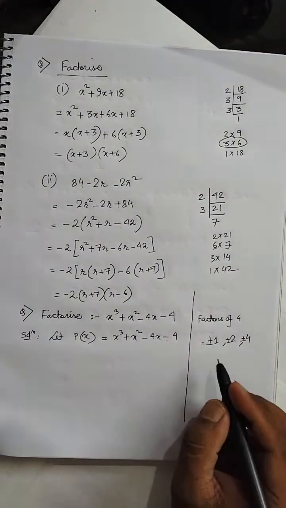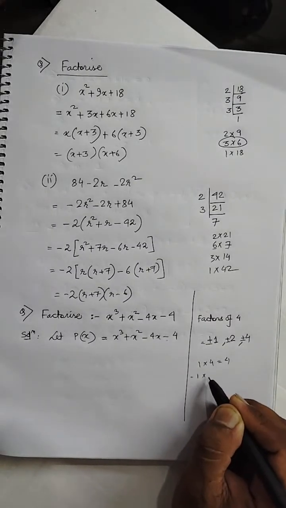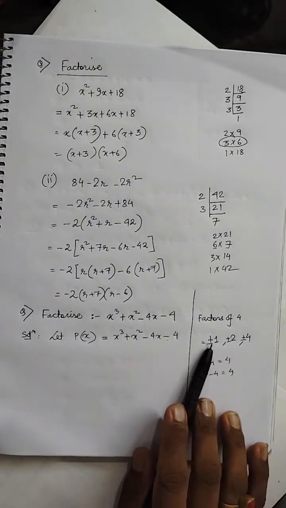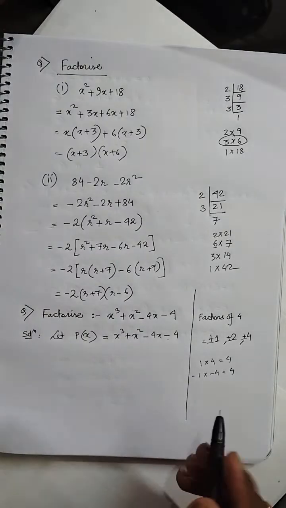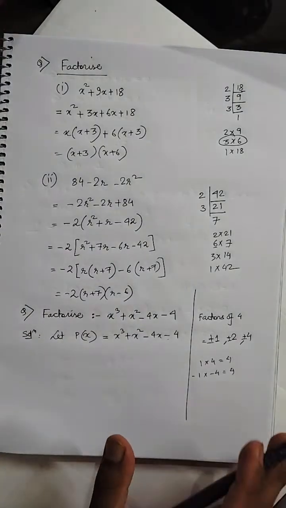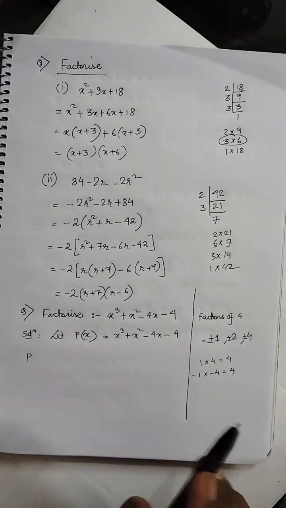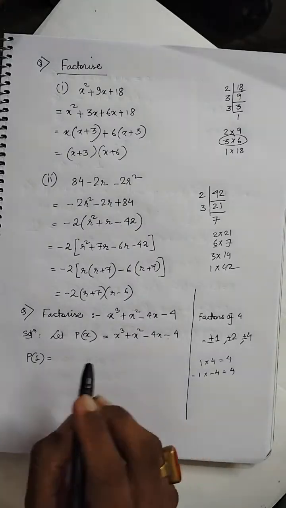Very simple reason: if 1 into 4 is 4, so is minus 1 into minus 4. So we have to assume all the values, positive and negative. If you want, you may write them all, or you can just pick one value from here and proceed. So we will start with plus 1. So we will assume p(1) and check.